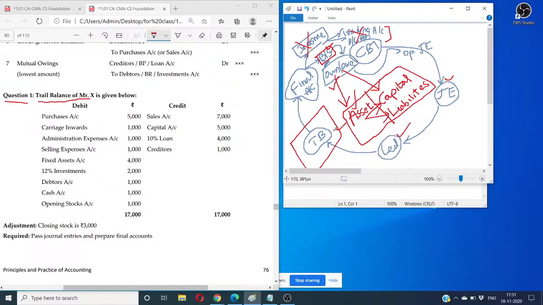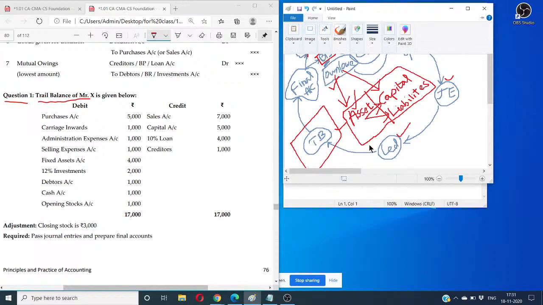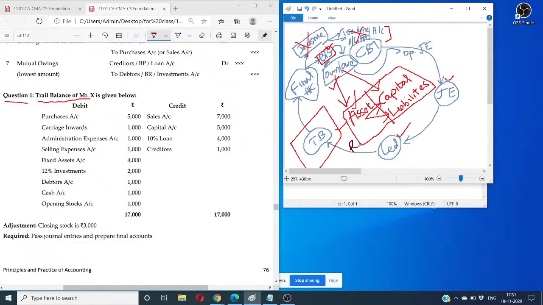Now, what the organization owns, most probably this will be assets. Assets will be always a real account or sometimes personal account.